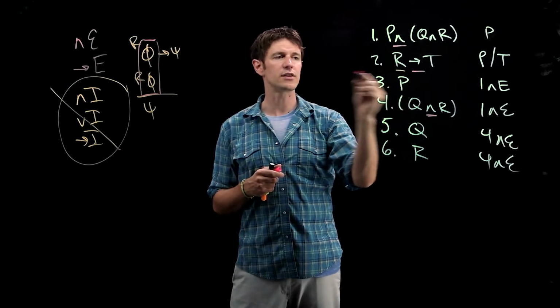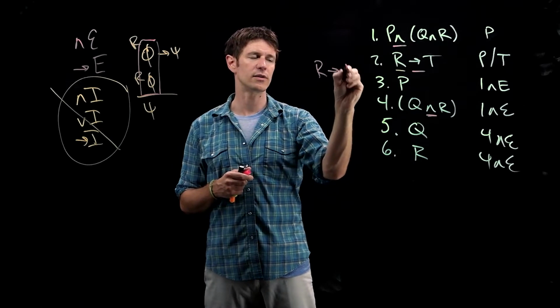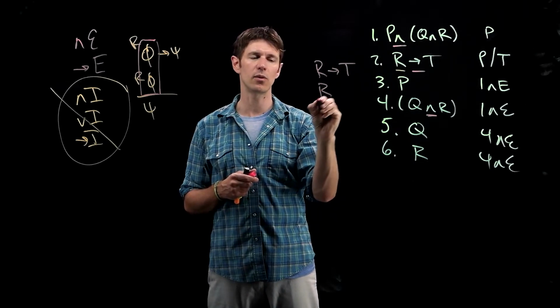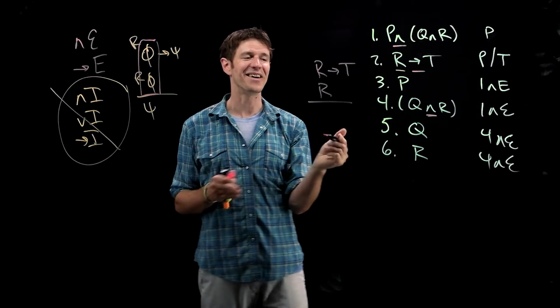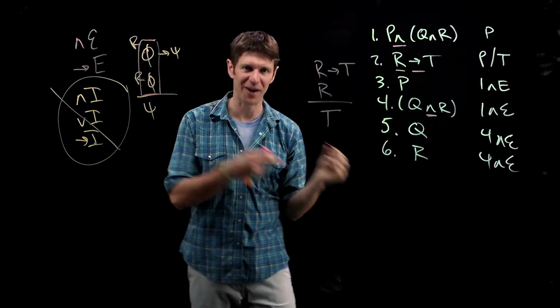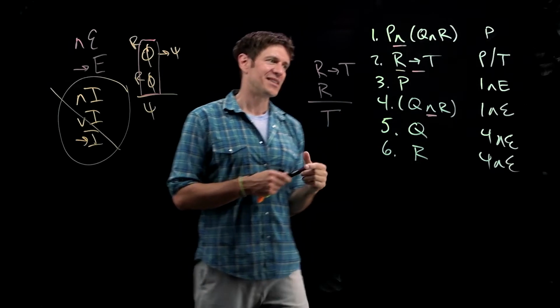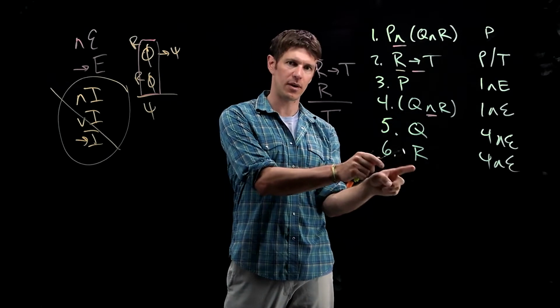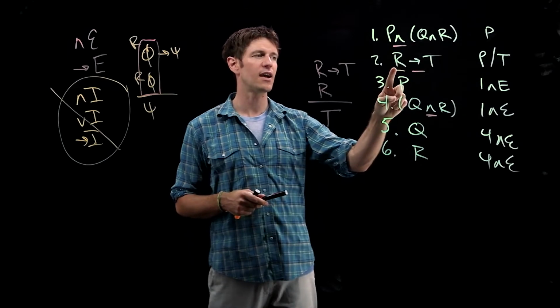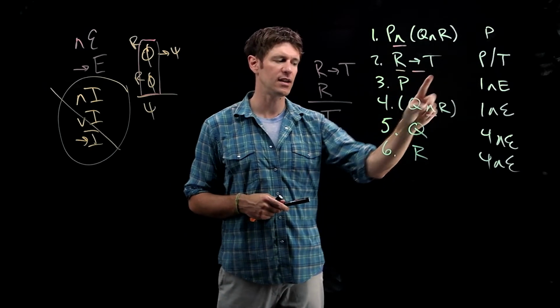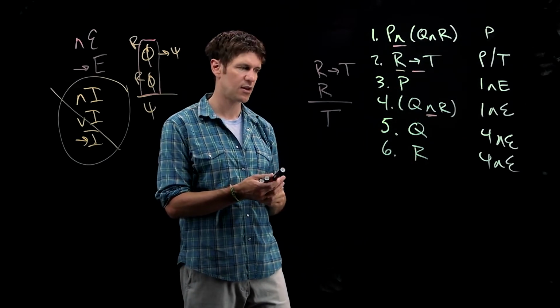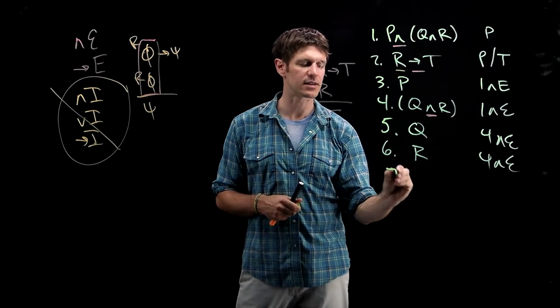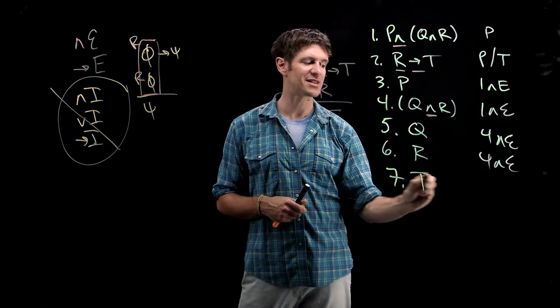So we have a conditional, which is R, right arrow T, and so we would need the left-hand side of that conditional to reason to the right-hand side. So the question is, do we have R somewhere in this proof? And we do, at line 6. So since we have the conditional R, right arrow T, and we have R at line 6, we can reason at line 7 to T.